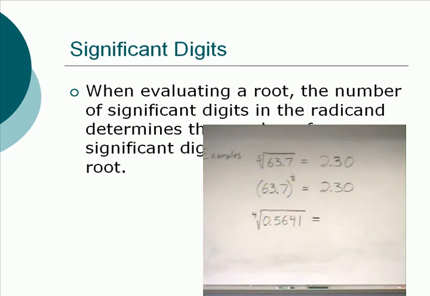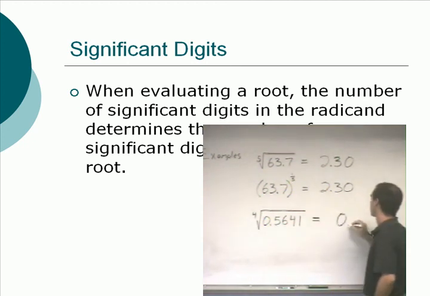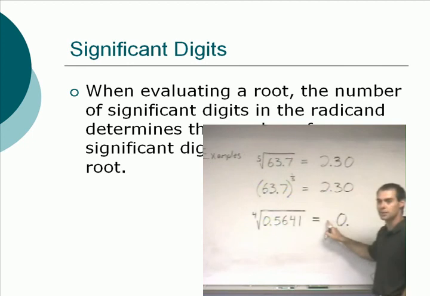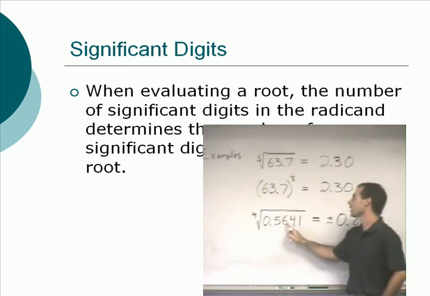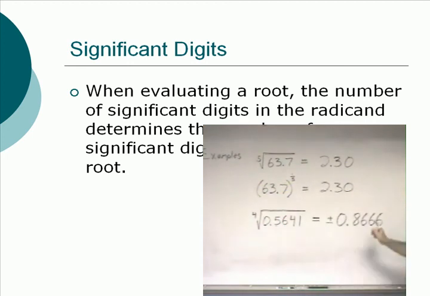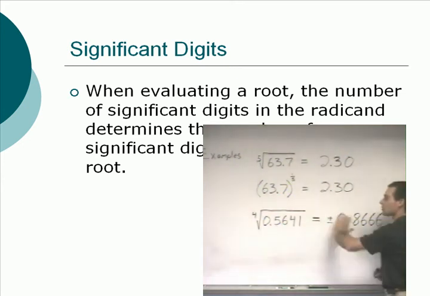You should have 4. I'm going to leave a little space here out in front of that number. 0. Okay, plus or minus, right. Since there's a positive radicand and an even index, that's actually plus or minus 0.866. Now your homework says just find the principal root, and then you would not have to worry about the plus and minus. You would assume the positive one.